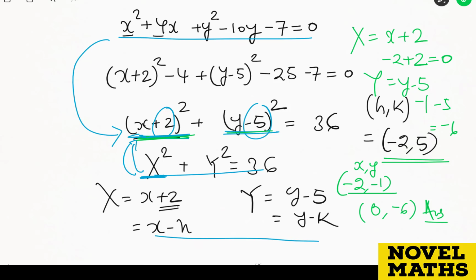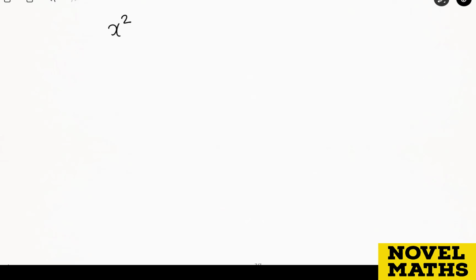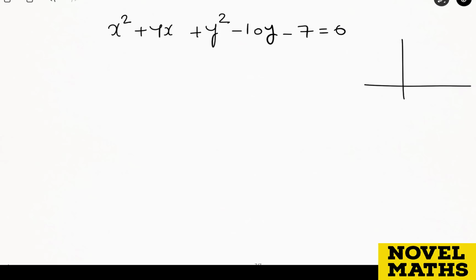There is another formal way to do it that you can also try, but that is a little bit lengthy in calculation. The equation was x square plus 4x plus y square minus 10y minus 7 is 0. This is with respect to these axes.